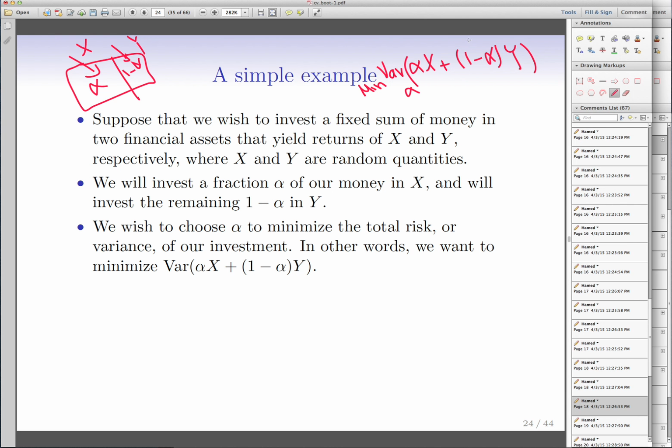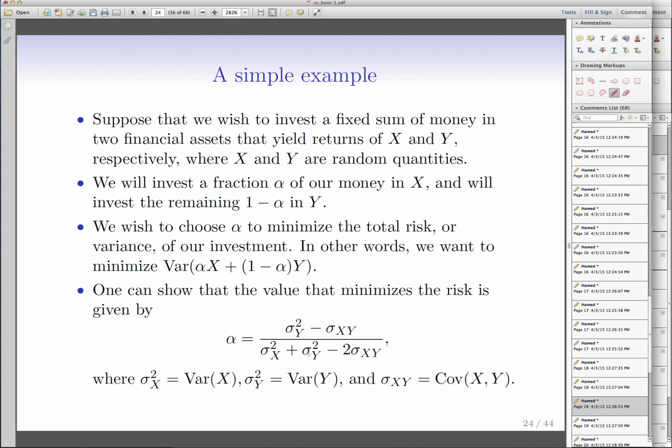The alpha we choose should be between 0 and 1. It can be shown mathematically that the correct alpha is a portion that is related not only to the variance of Y and variance of X, but also the covariance of XY. So let's see what it says.